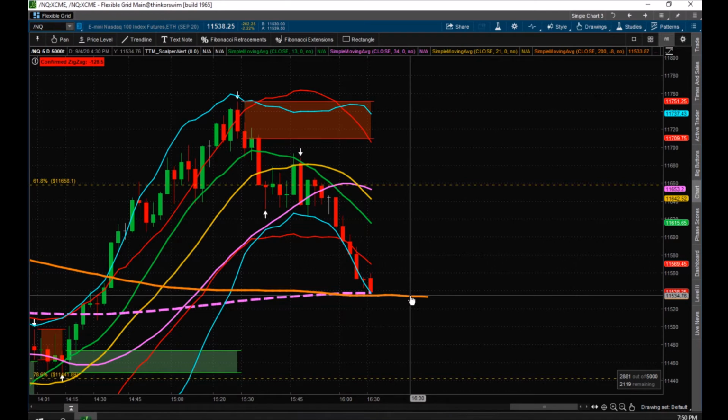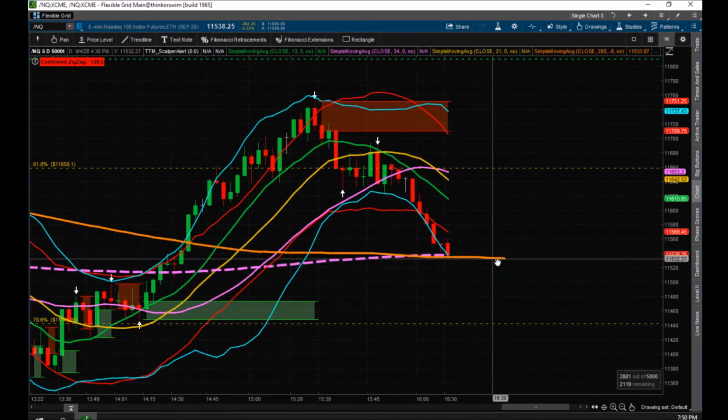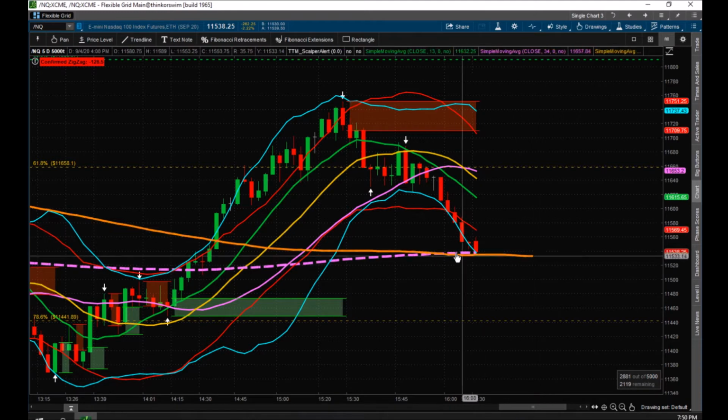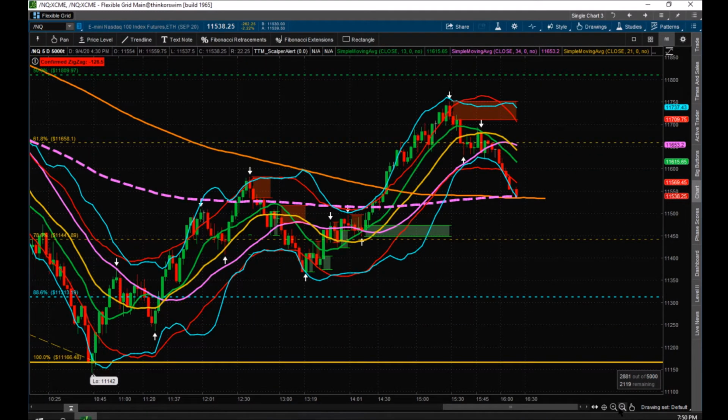This is the 200 SMA. Also, this orange line is the 200. The other one didn't show because the 200 was far out, way below here at the bottom. Now for Monday, what I'm looking at is if it respects this level here. I think it'll come back and test the 400 area at least one more time.